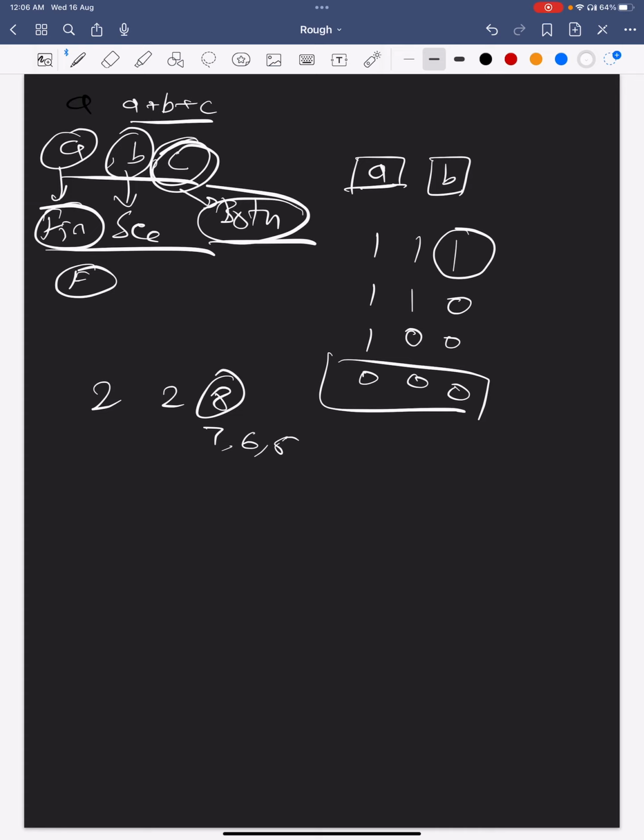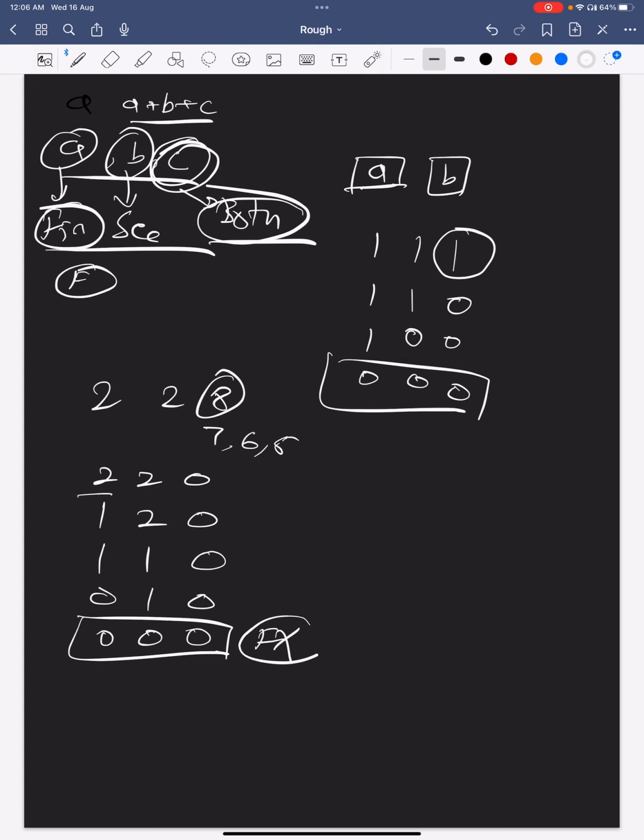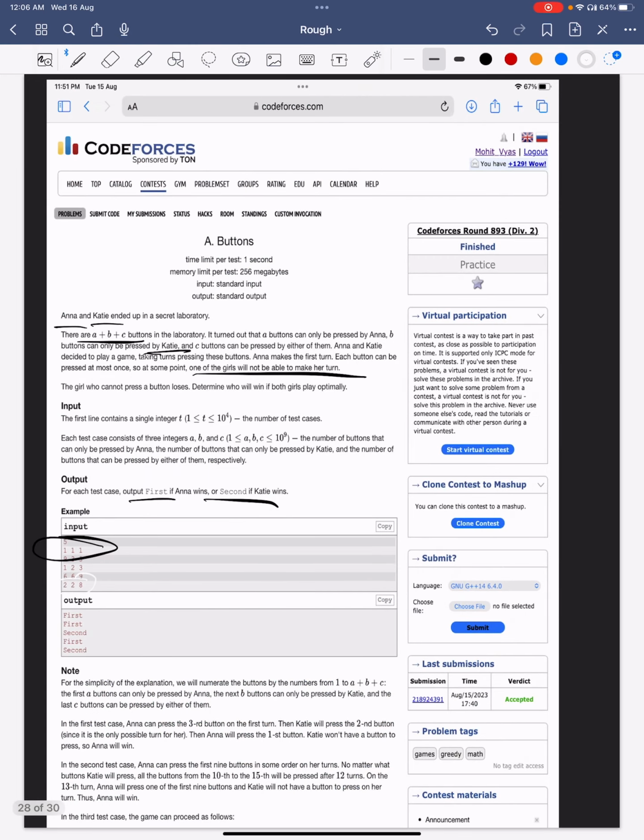After the 8 moves, C is finished and it's the turn of the first girl, who presses her button. Then the second girl presses hers. Again the first girl, and again the second girl. Now the first one has no choice, so the first one will lose and the second will win in this case.